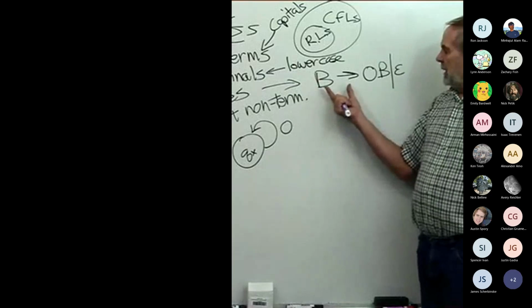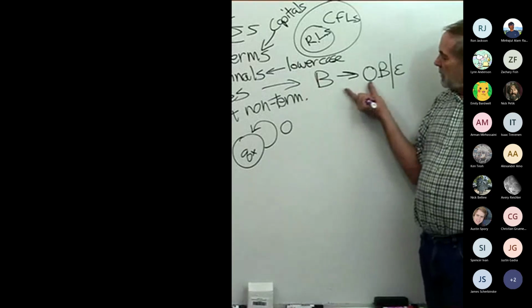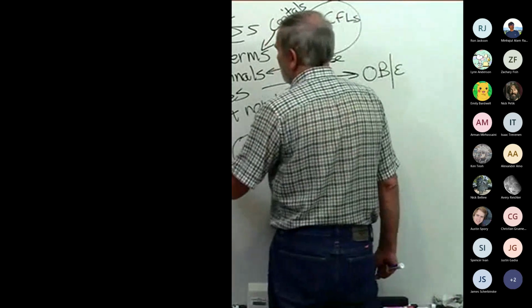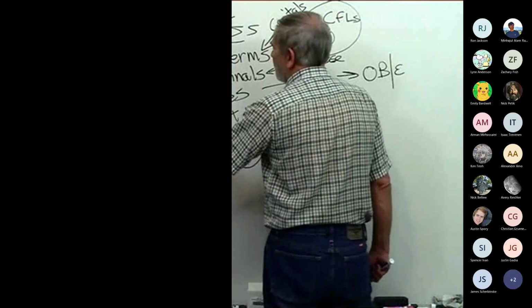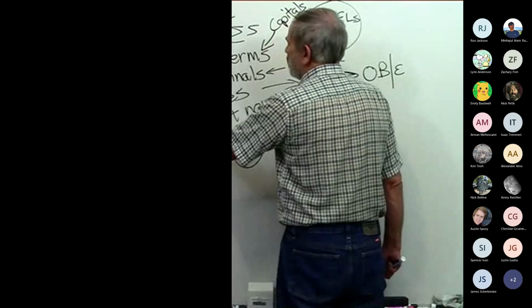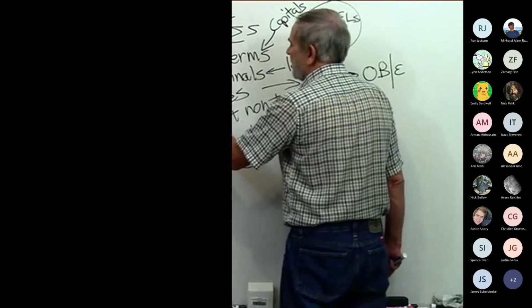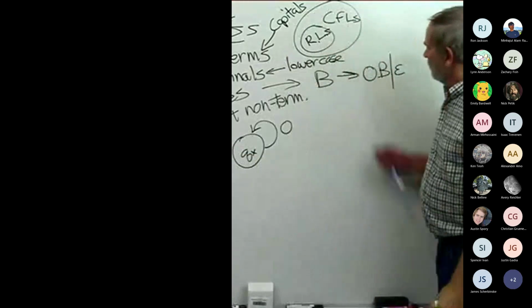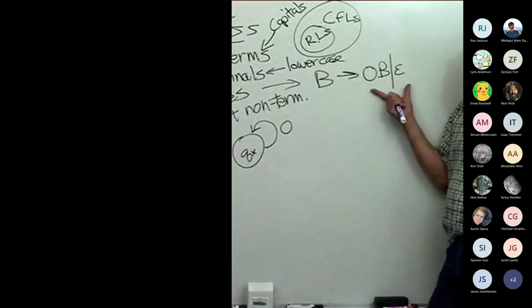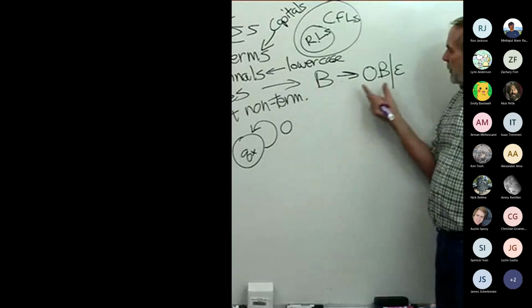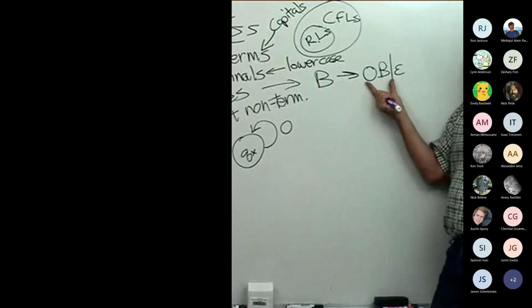In that the rules are often referred to as rewrite rules because they're a replacement. They say wherever you see a capital B, you can replace it with either.